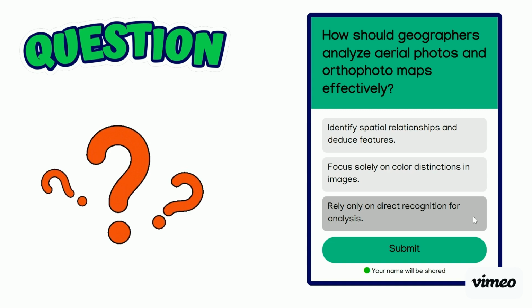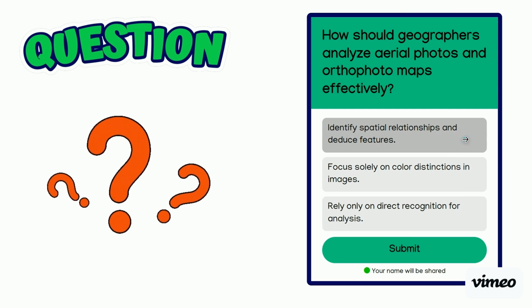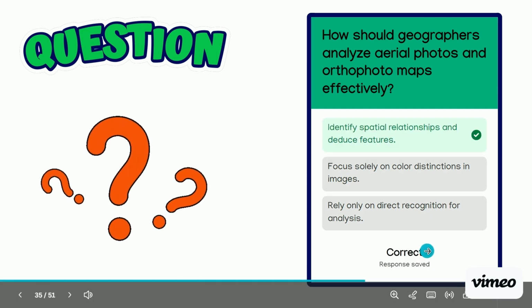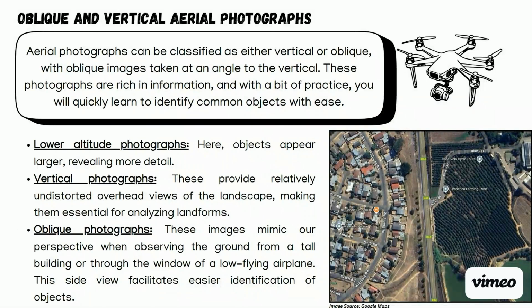Which one do you think? And again, it is identify spatial relationships and deduce features, the first option. Great. Now we look at oblique and vertical aerial photographs.